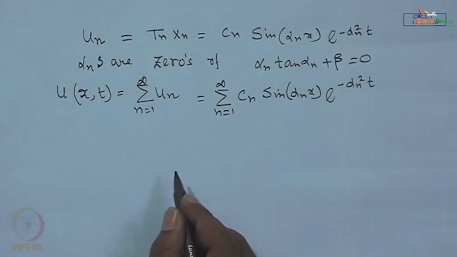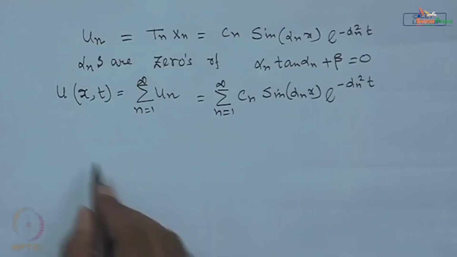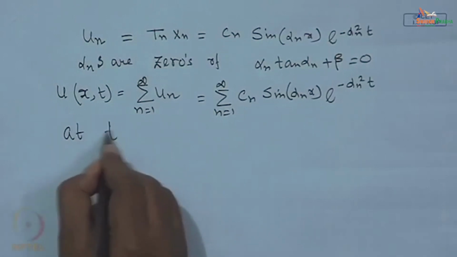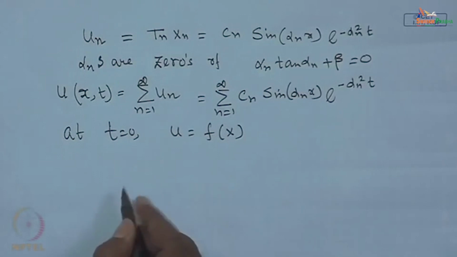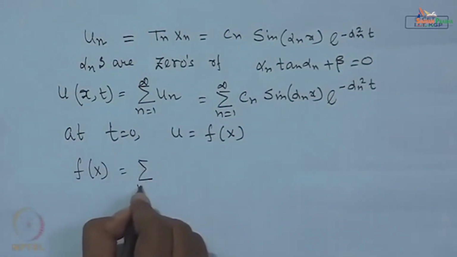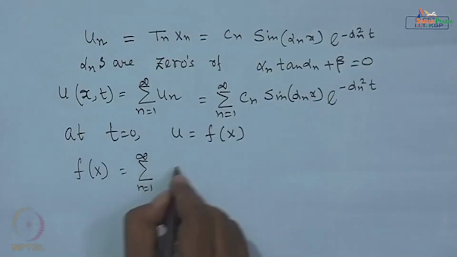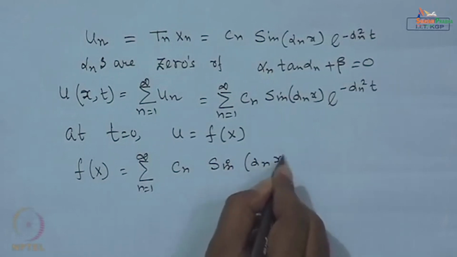Now we have to evaluate this constant C_n, and for that we have to utilize the unused initial condition that at t is equal to 0, u is equal to some function of x. So f(x) is nothing but the summation n is equal to 1 to infinity C_n sin(alpha_n x).